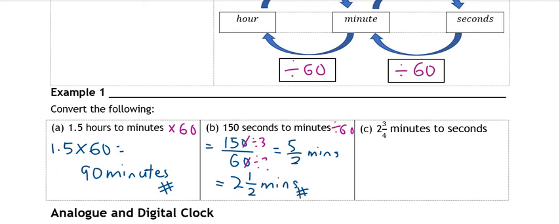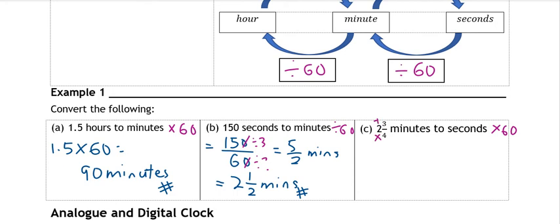Last but not least, for part C, you have to convert minutes to seconds. From minutes to seconds, you multiply by 60. Here, I will change the mixed number into an improper fraction.